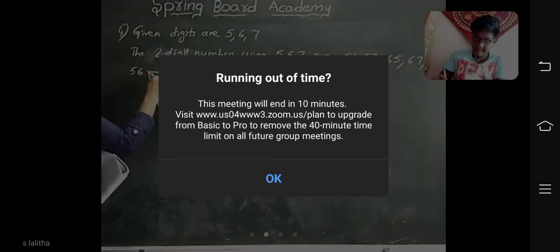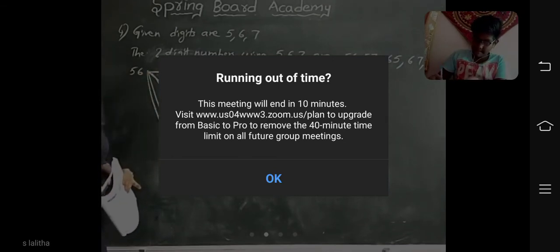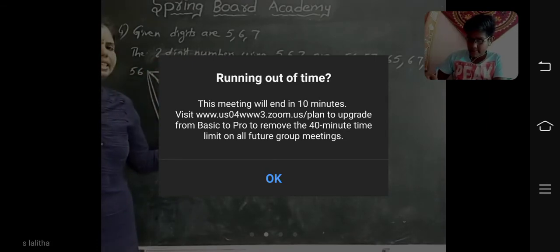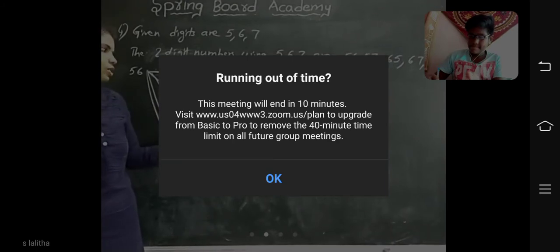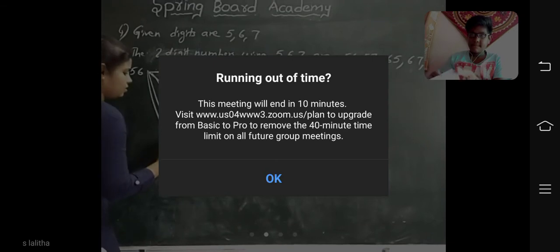And next 6. What is the divisibility rule by 6, children? If the number is divisible by both 2 and 3, then the number is divisible by 6. But here it is divisible by 2 only, not divisible by 3. So it is not divisible by 6.